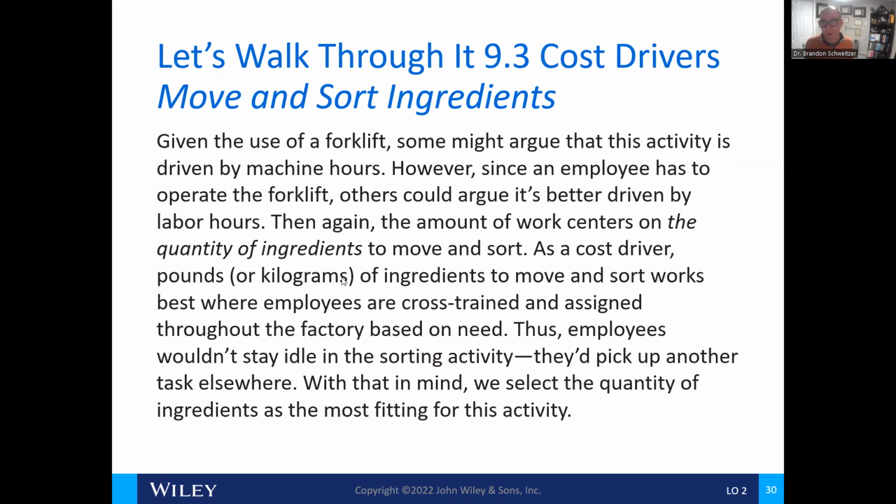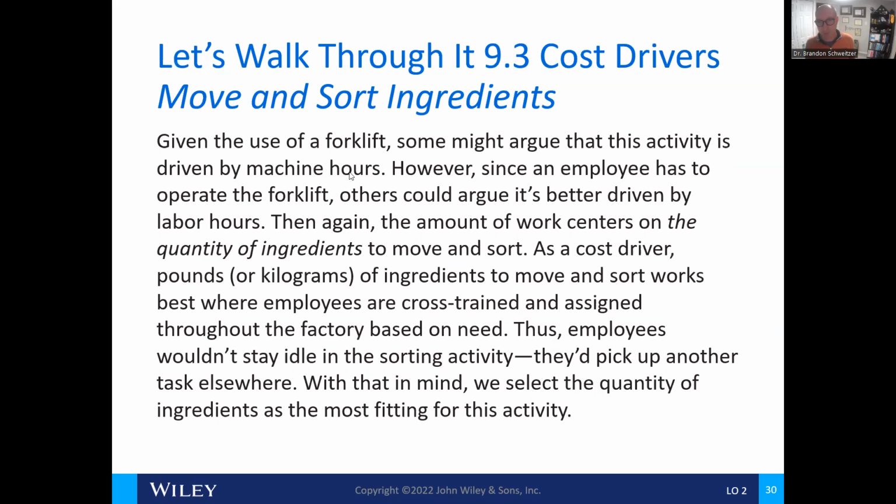Since a forklift might arguably be a part of machine hours, but the employees have to drive the forklift, it might be better to say labor hours over machine hours for things like moving and sorting.